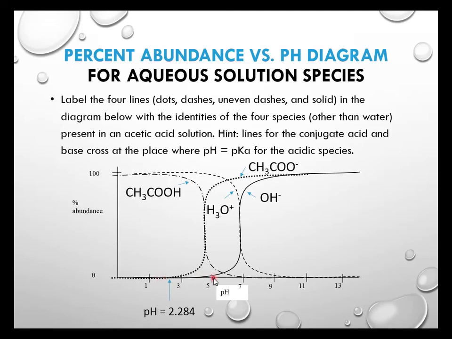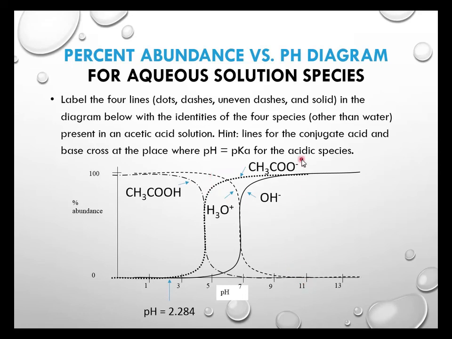If you go to a pH of 5, you've got to read the diagram. OH minus is a minor species. CH3COOH, the acid, is a minor species. Coming straight up, the acetate anion, the conjugate base, is a major species there. And up further, the H3O plus is still a major species.